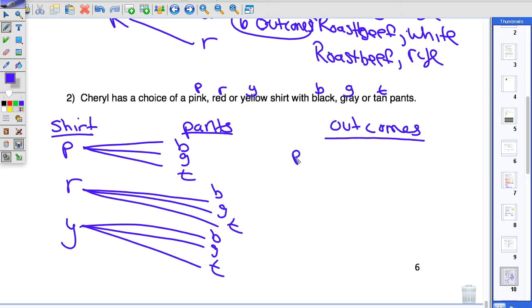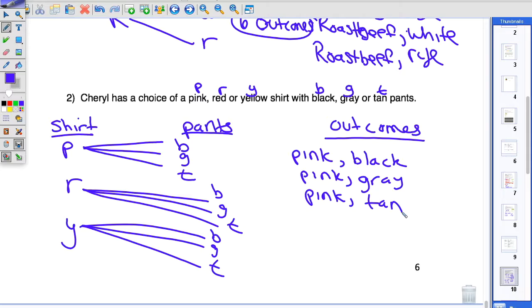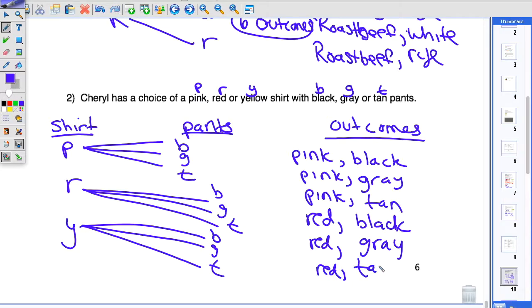So we're going to list our outcomes. We would have a pink shirt with black pants, a pink shirt with gray pants, a pink shirt with tan pants. Then we have our red shirt with black pants, red shirt with gray pants, and our red shirt with tan pants.